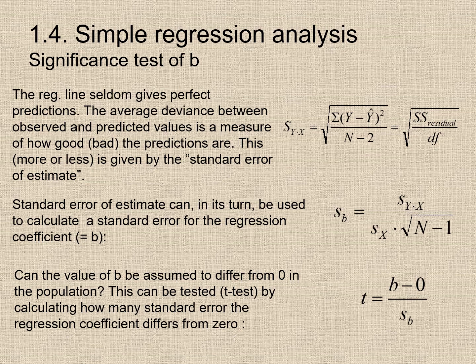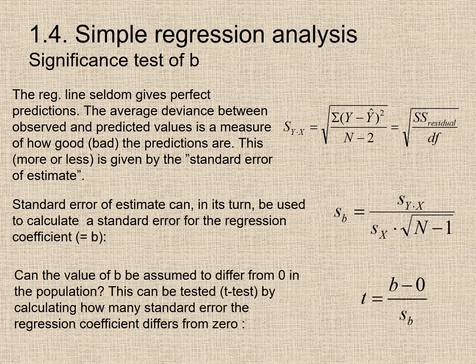So what do we do now? We do a one sample t-test. So we calculate, this is our regression coefficient in the sample. We can take minus 0 if you want to. So we have a look at how many standard errors our regression coefficient deviates from 0.